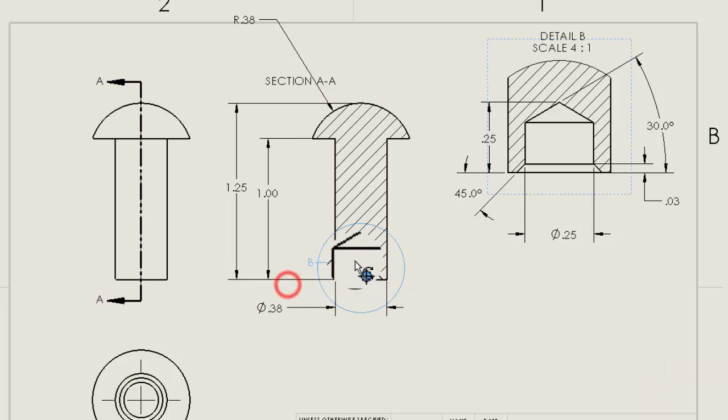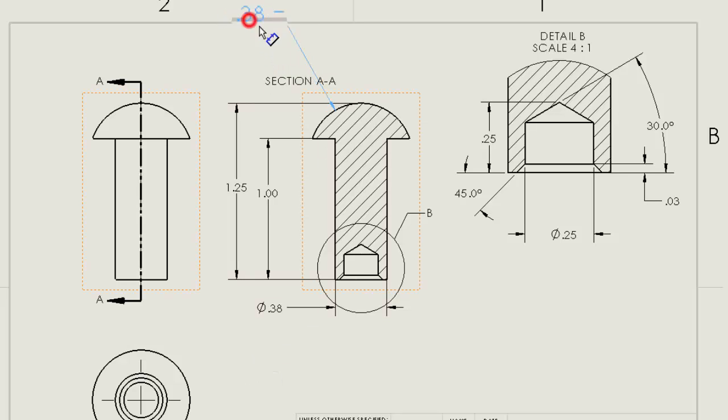And I'm going to move this B up here so it's going more in the direction of detail B and out of the way of the other dimensions. Oh, this R38. There we go.